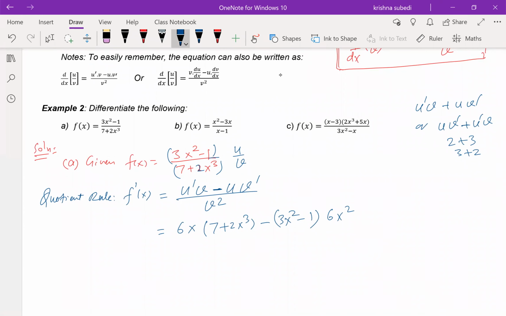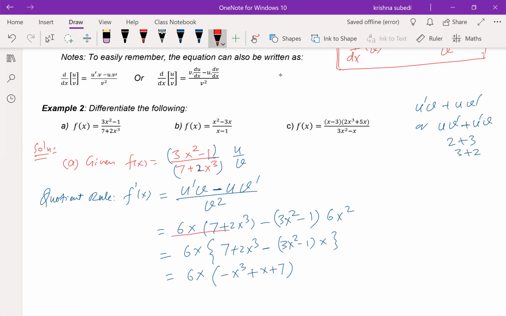So you can take that common if you want, because this is simple, so you may want to simplify it a little further, okay? If you simplify it, you can take 6x common, remaining 7 plus 2x cubed minus 3x squared minus 1 times x. Which gives me 6x, and then if you simplify this, you get minus x cubed plus x plus 7. I forgot to write v squared, guys.